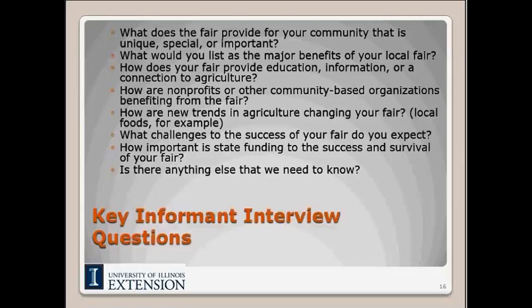So, for example, perhaps a fair is less profitable or causes a smaller amount of economic impact than another, but because of its size, its community members and fair attendees are able to become more acquainted with agriculture or different aspects of the local community, and so it might be more beneficial to the citizens there in that case rather than just strictly the money case. And so that's one of our goals for the key informant questions.